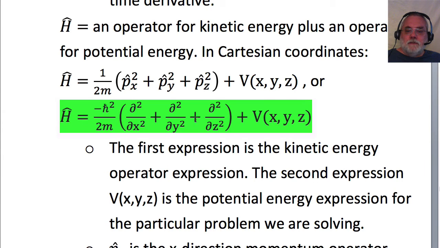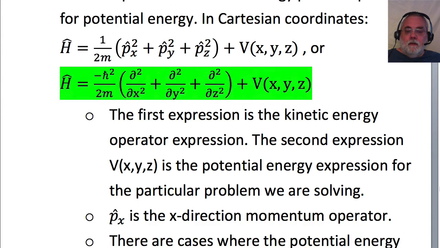The first expression is the kinetic energy operator expression. The second expression, V of x, y, z, is the potential energy expression for the particular problem we are solving. P sub x hat is the x direction momentum operator.